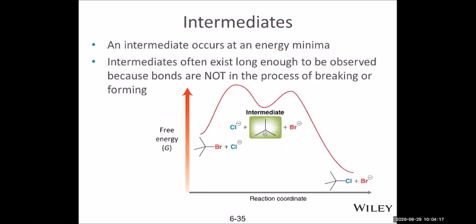The reaction intermediate. We really should pay more attention to the reaction intermediate, because in organic chemical reactions, students are supposed to be able to write down the steps, the mechanisms of a certain organic chemical reaction.